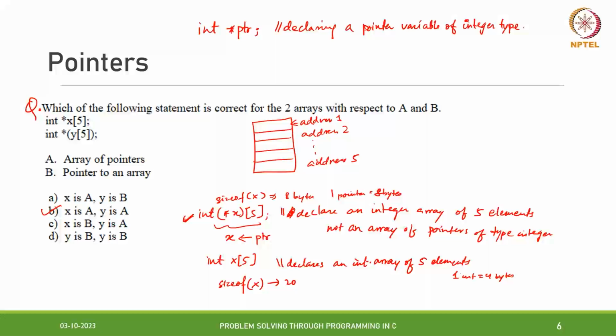But when you use the size of function to know the entire size of the array, this will give you the size of the entire array, while this will give you only the size of the pointer, because star x is the array. Star x represents the entire array and not x. So that is the only difference.